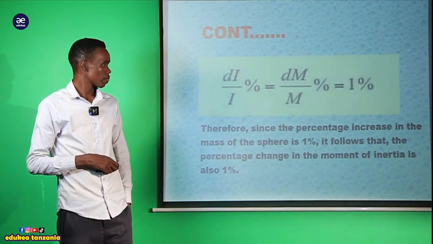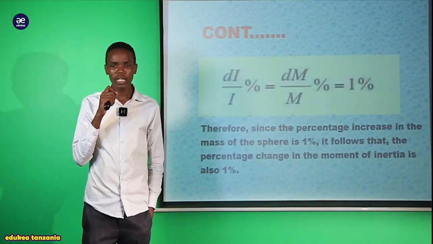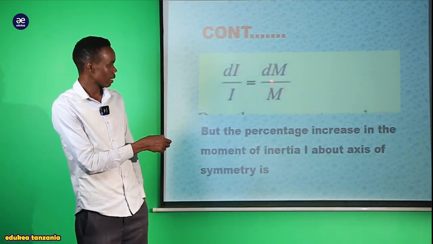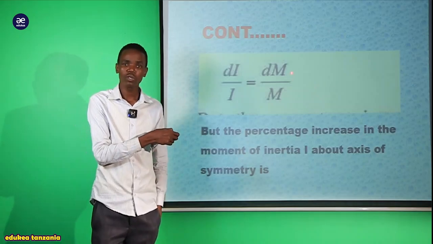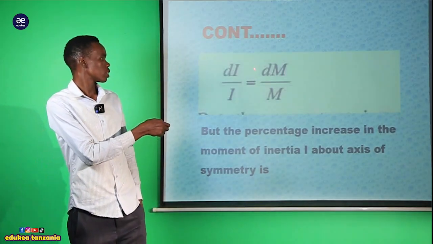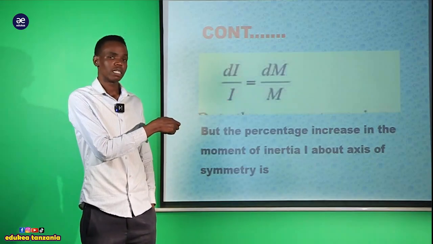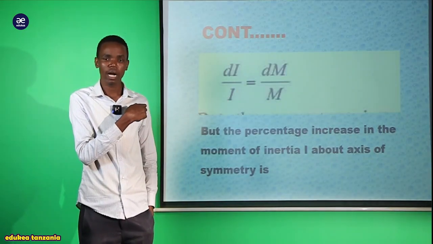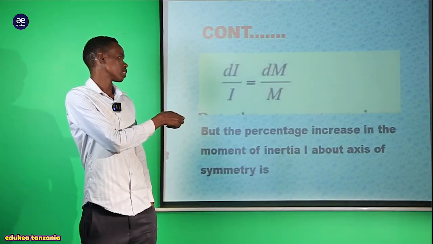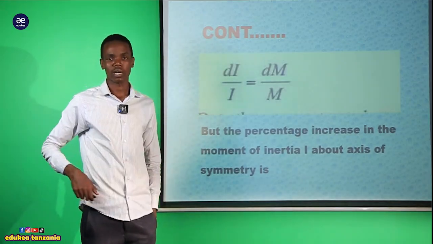So as we see here, in order to substitute our given values into our formula, we are supposed to introduce the percentage throughout. It means you multiply by 100% throughout, on the left side and also on the right side.